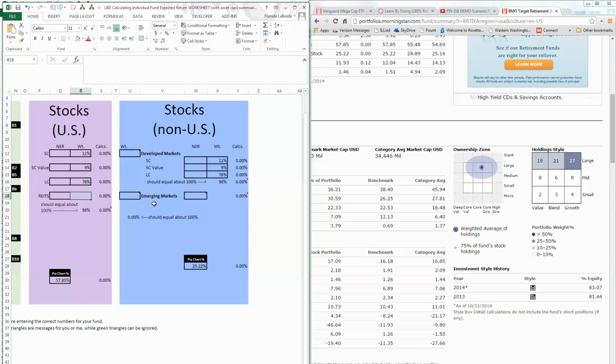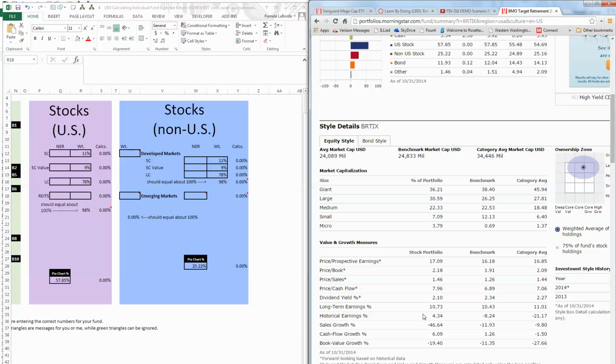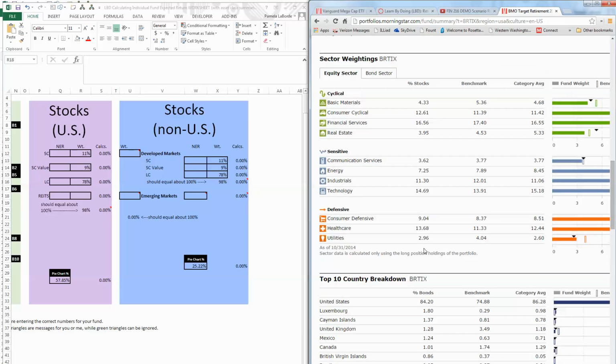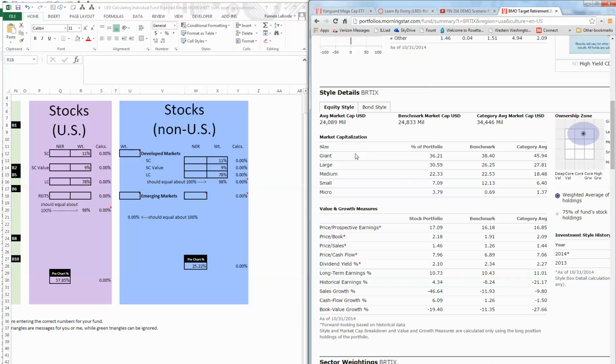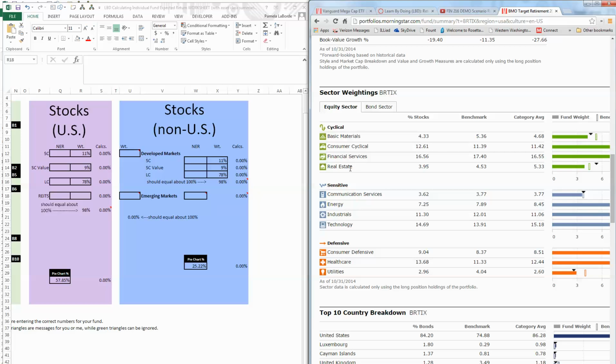Now these REITs, these are real estate investment trusts. The way to tell if you have any REITs, and only one group does, is to go down to the sector weightings in the equity style box. REITs are real estate investment trusts, and basically it's a very minimal amount for this particular fund, so minimal that I'm not even going to worry about it.